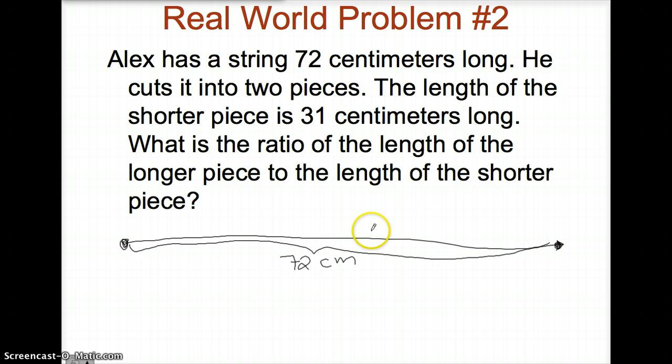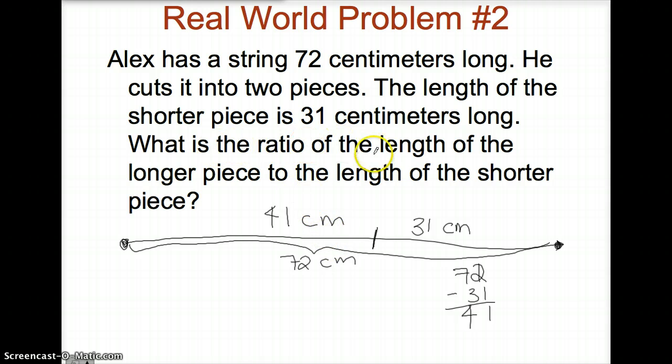And so if he cuts it into 2 pieces, let's say he cuts it here, the length of the shorter piece is 31 centimeters, which means we need to subtract, and 72 minus 31 is 41. So we know the other piece of this string is 41 centimeters.